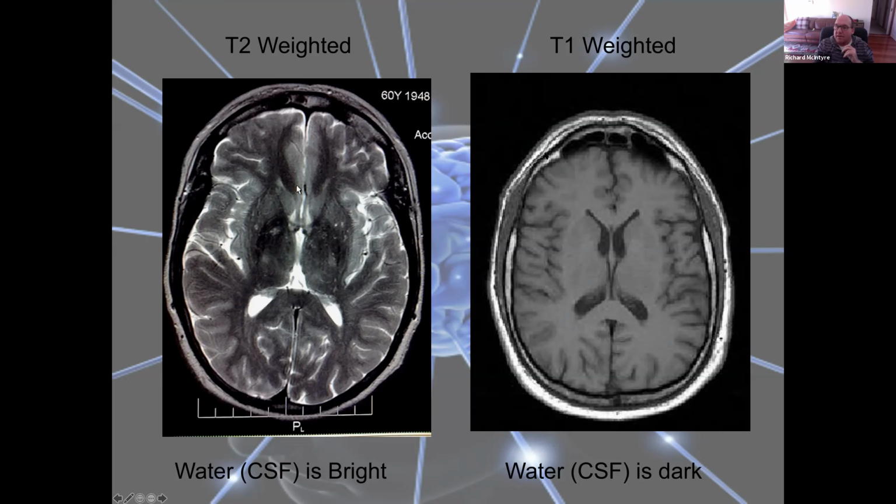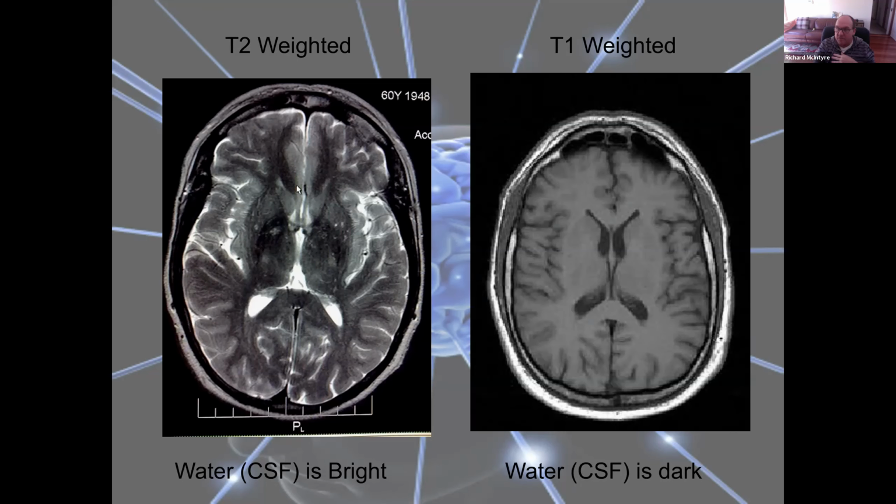Whereas on T1, we're not going to see fluid because fluid's dark. So this is pathology because we see the fluid. This is anatomy because we see the fat. Fat's often bright, so we see the structures around a disease or around a normal brain, and we can say that's an anatomy weighted image. So we have T1, which is anatomy, and T2, which is pathology.